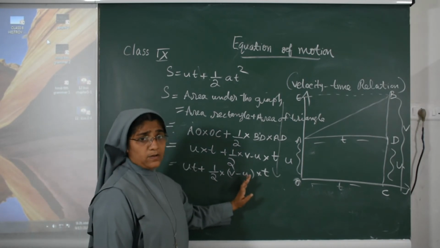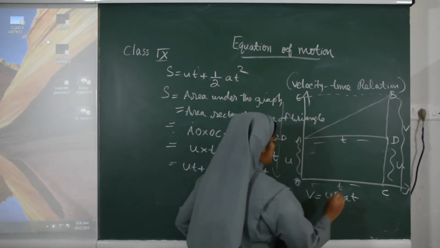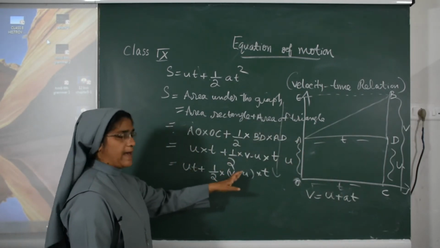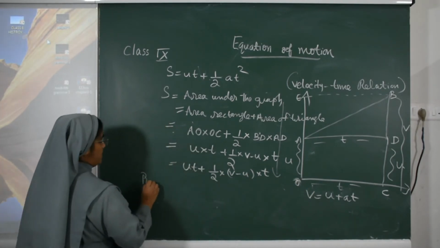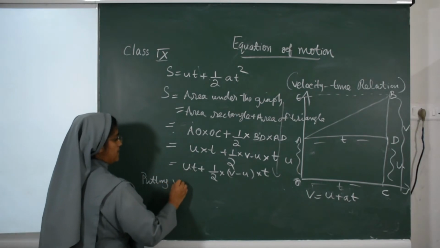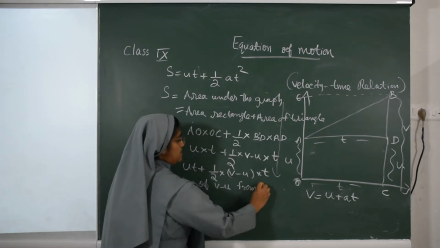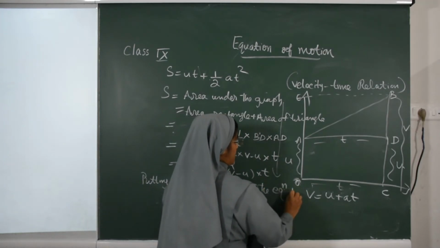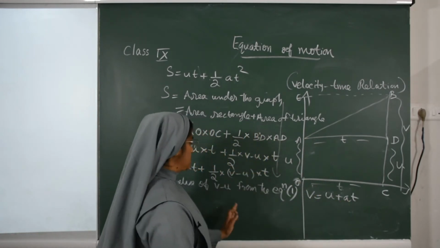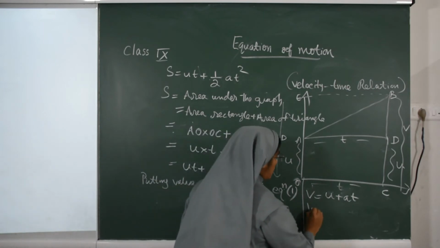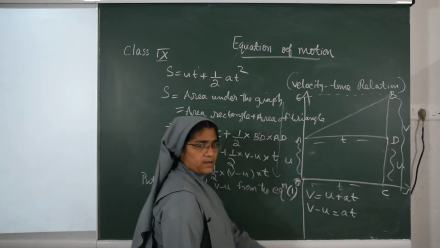Now, we know the equation. First equation, you know, v is equal to u plus at. So, here we put the value of v minus u from equation 1. From equation 1, v minus u is equal to at.